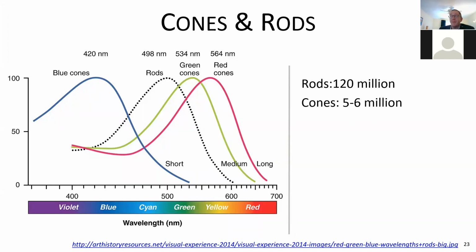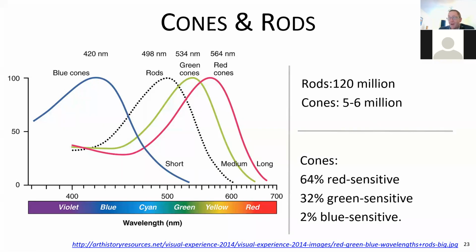Well, we have 120 million rods and 5 to 6 million cones. Of our cones, 64% of them are red sensitive, 32% of them are green sensitive. That's just all up in this range here. And 2% are blue sensitive down here.